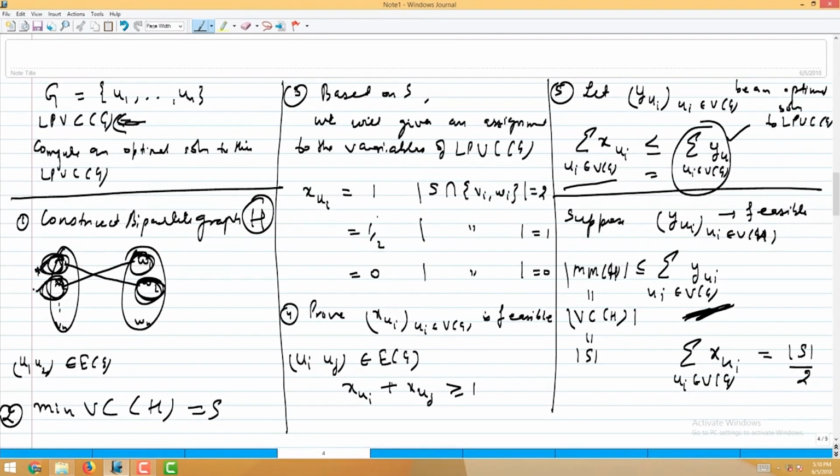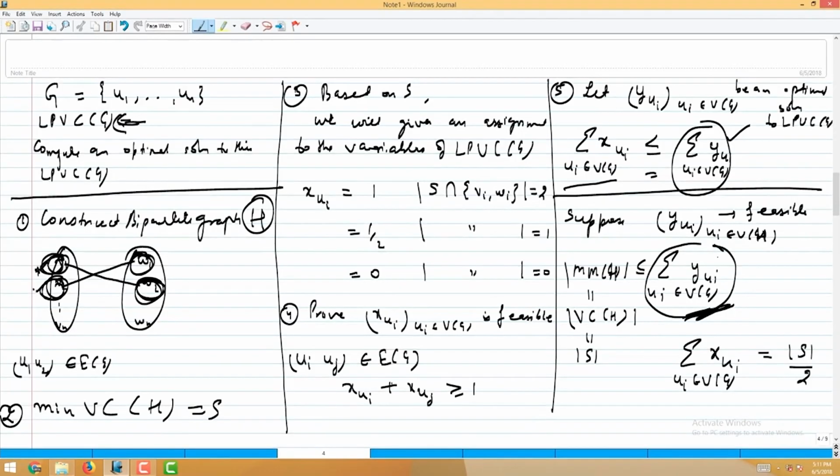Because for example, for each vertex that is in S, you can associate a half value to this. For example, here u_i gets value 1, because there were 2 vertices in S there. And for all the other vertices whose only one copy was picked, there is a value of half here, right?